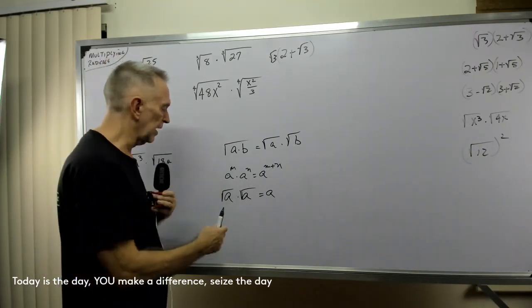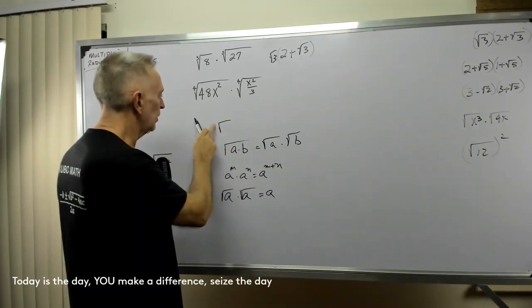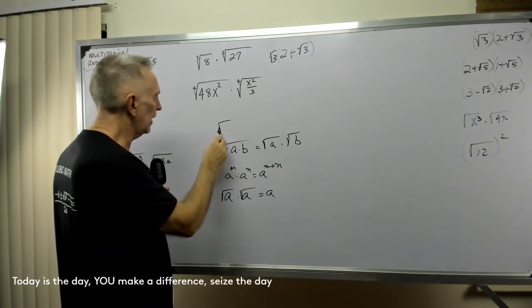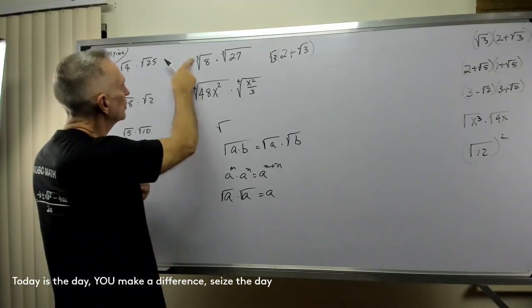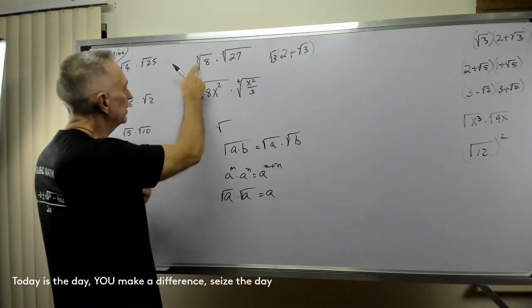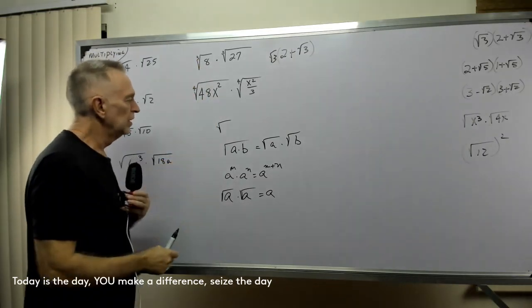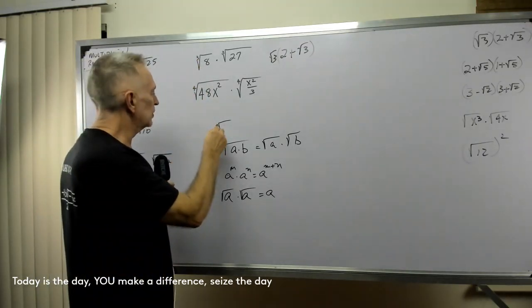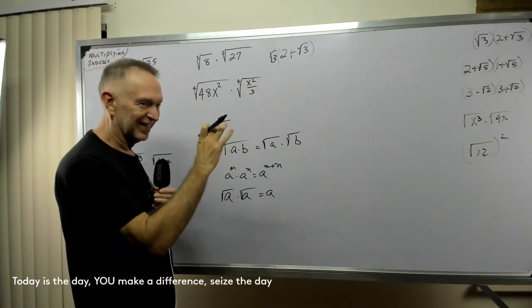Well, why is that? With the square root of a number, if it doesn't have anything over here, like these have the fourth or the third, this would be the third root of 8, this is the fourth root. Well, this one is really the second root, the square root.